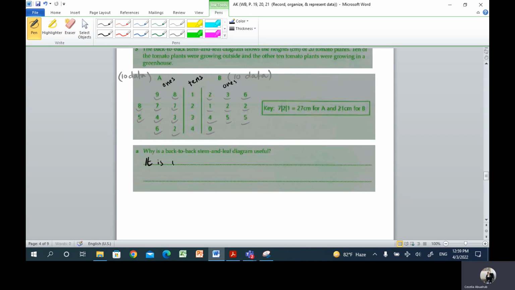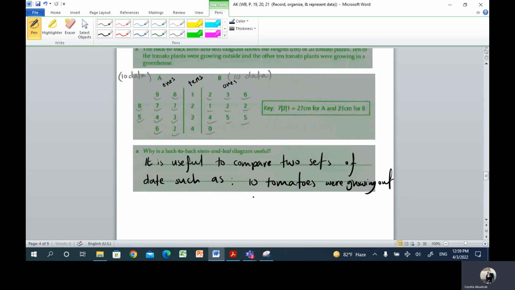It is useful to compare two sets of data, such as 10 tomatoes that were growing outside in comparison to 10 tomatoes that were growing in a greenhouse.